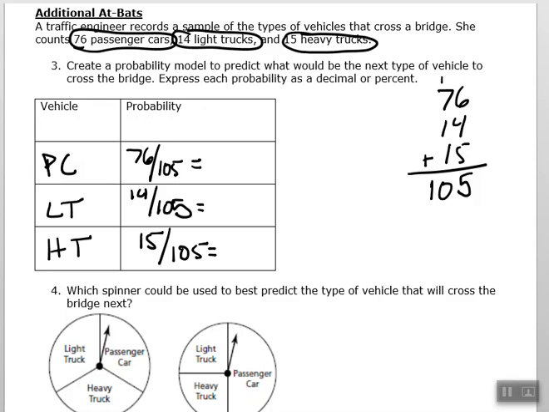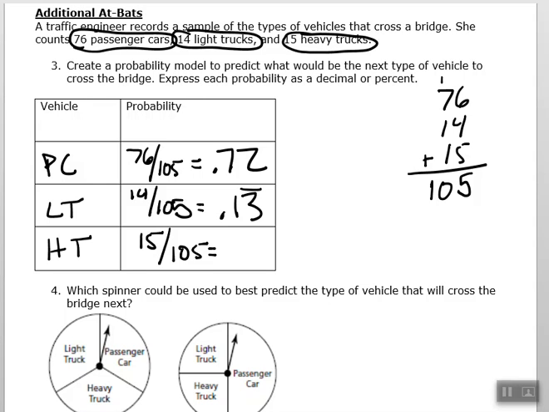All right, so I do 76 divided by 105. That's going to be 0.72. For 14 divided by 105, that's going to give me 0.13, repeating.